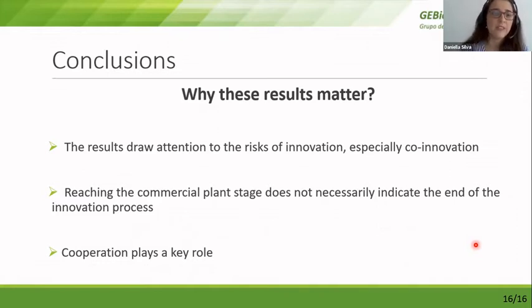So lots of companies face a challenge and they need to seek new knowledge, even though they had a commercial, industrial plant. And finally, I think the main message here is that cooperation played a key role in this new second generation ethanol ecosystem.